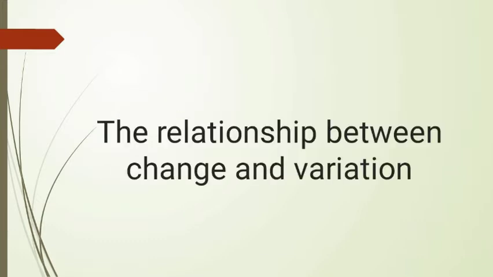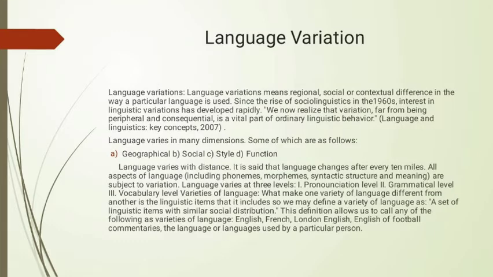The next topic is the relationship between change and variation. Language variation means regional, social, or contextual difference in the way a particular language is used. Since the rise of sociolinguistics in the 1960s, interest in linguistic variations has developed rapidly.